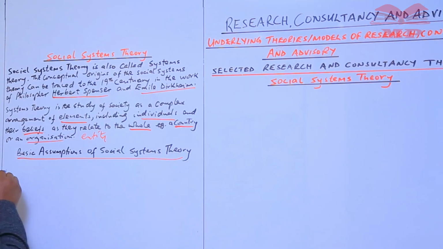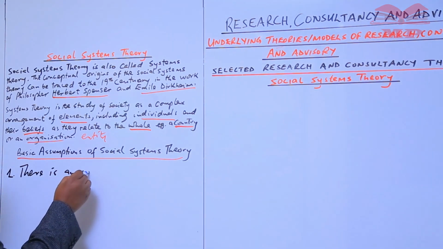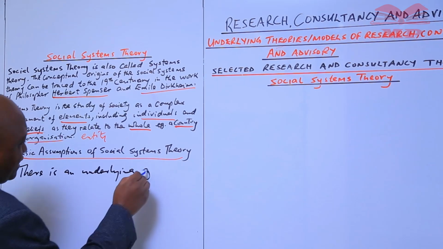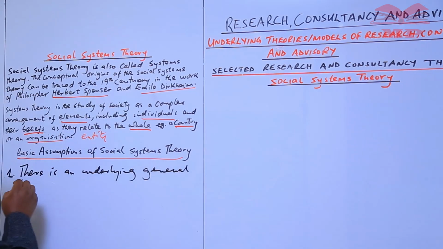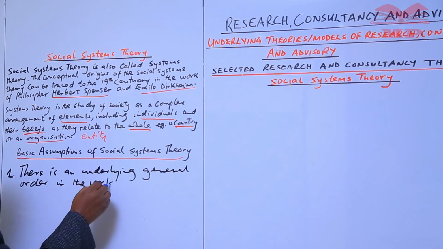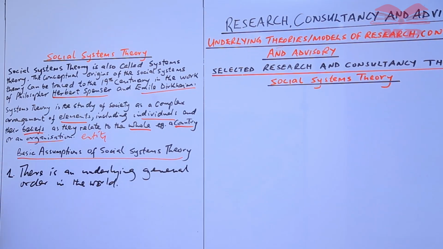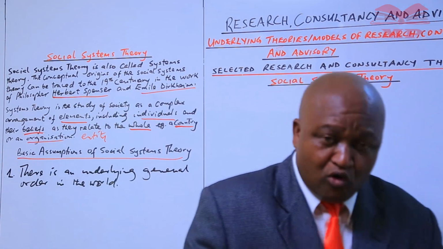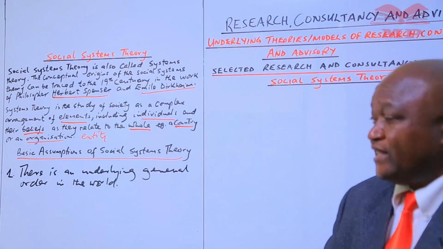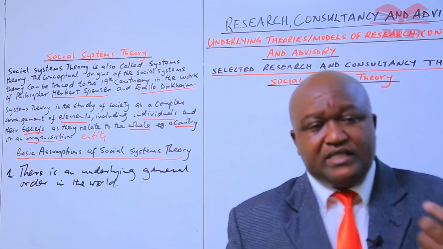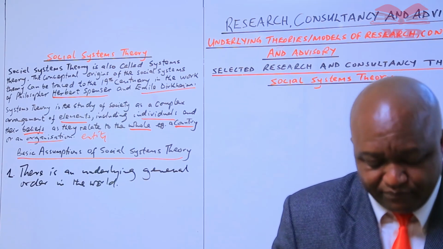This theory assumes that generally there is order in the way things are done in the world. That's the first basic assumption.